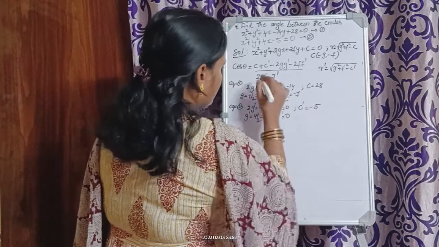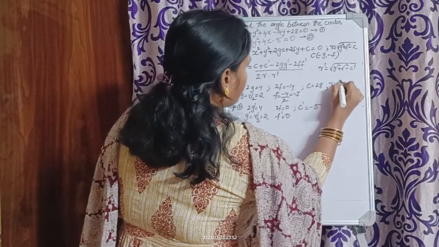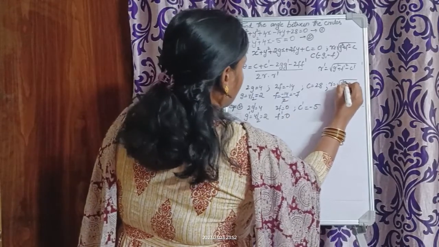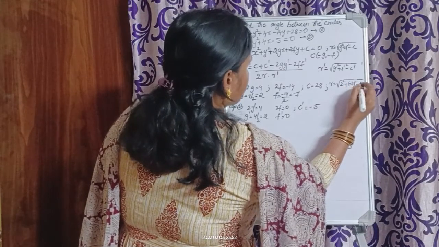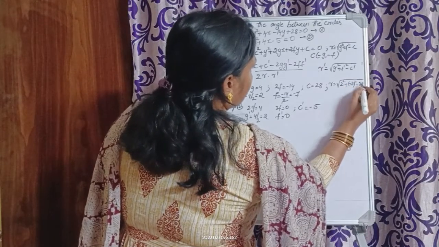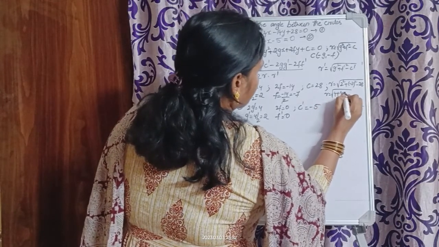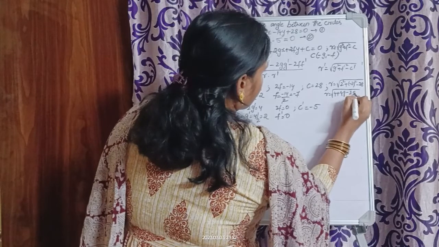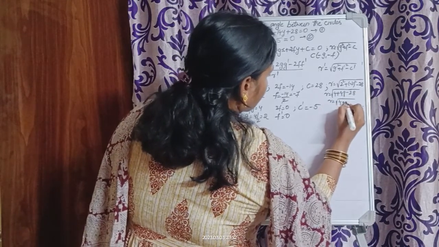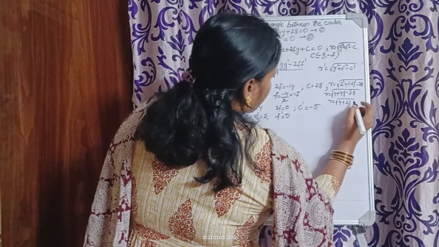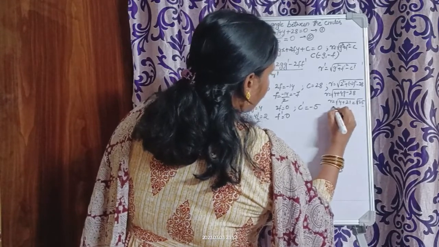Now r is equal to the square root of g square plus f square minus c. So r is equal to 4 plus 49 minus 28, which is 4 plus 21, which is square root of 25, so r is equal to 5.